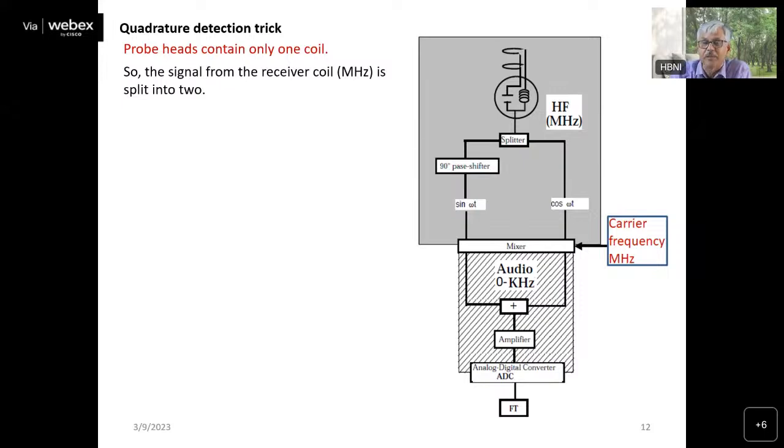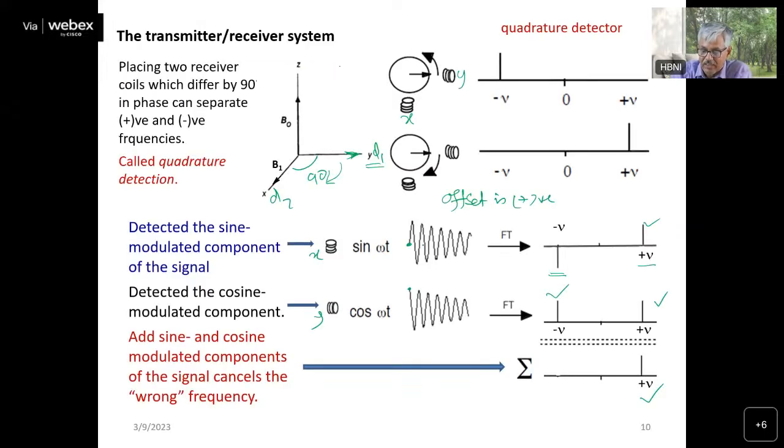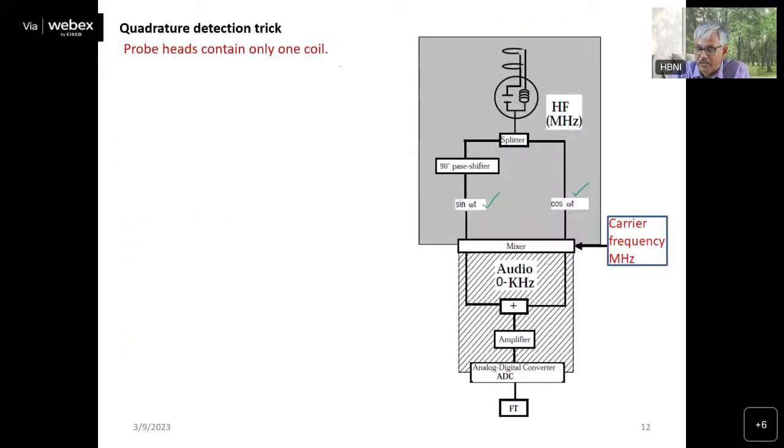That is effectively done by this 90-degree phase shifter. So you get the original cosine function, and due to the phase shift you get the sine function. Same thing as what we showed previously: this is your sine and this is your cosine.